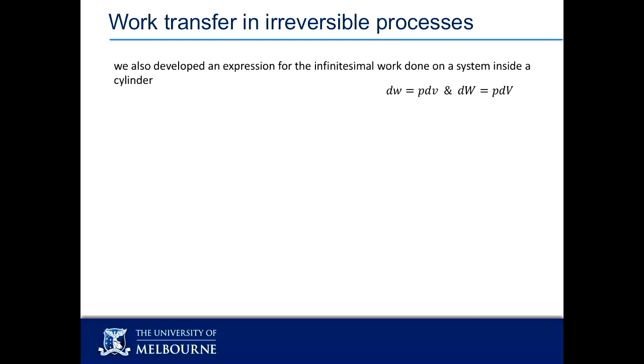Now let's look at accounting for the losses. We've got an expression for infinitesimal work, dW. When it is boundary work, the system inside a cylinder, for example, dW equals PdV. This only, so we keep being quite careful about how we define which work we're talking about.